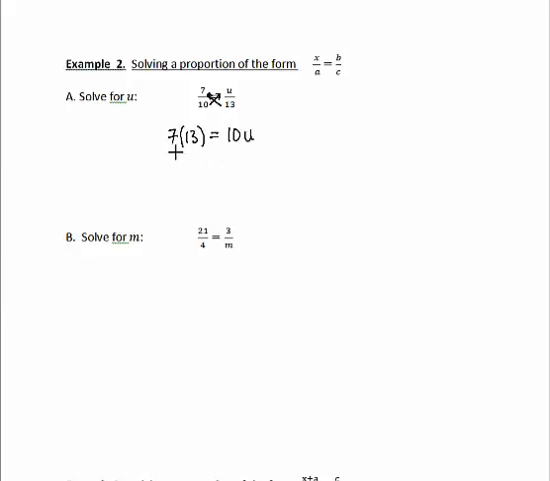Okay, 7 times 13 is 70 plus 21, 91. And now the last step to get u by itself would be to divide both sides by 10, and we would find that u equals 9.1.